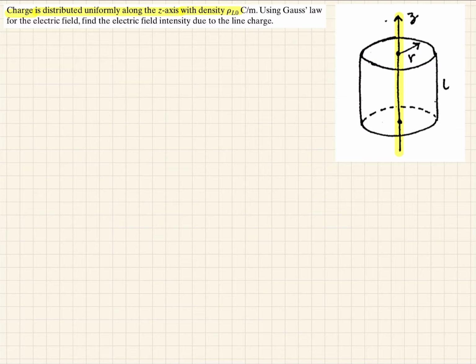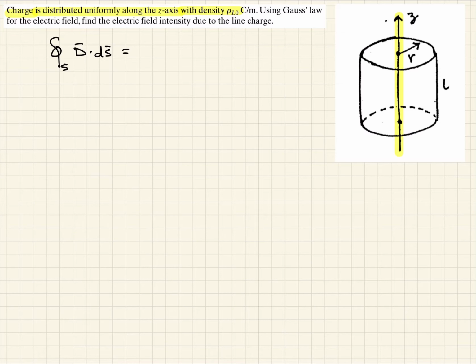And so they want us to use Gauss's law for electric field. So we recall that Gauss's law for electric field is the integral over some surface of the displacement current vector dotted with the surface area vector. And so that's over the entire surface.